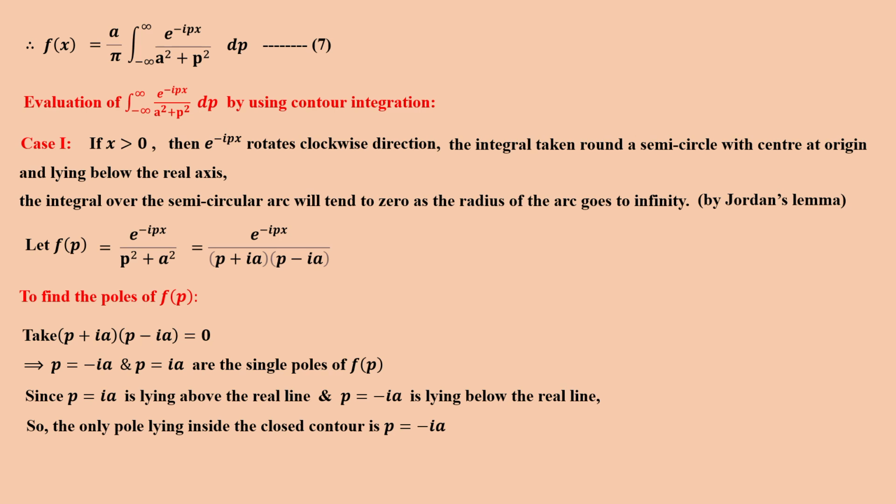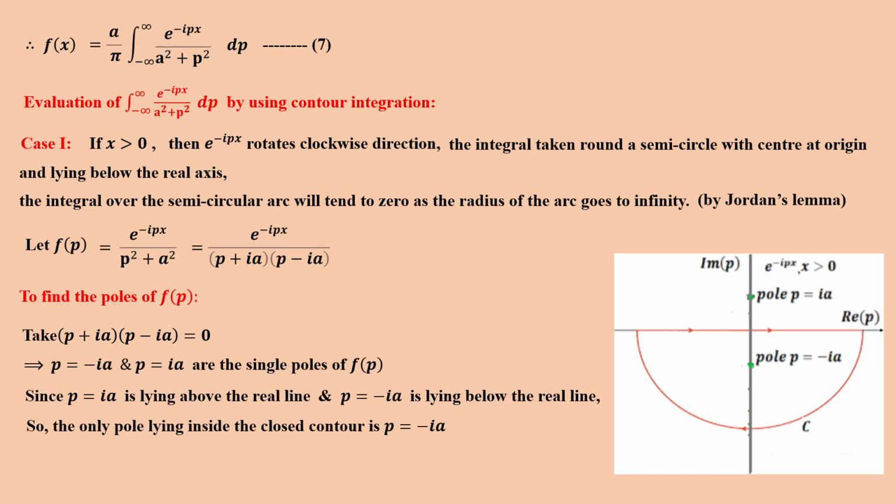So the only pole lying inside the closed contour is p is equal to minus ia, because the semicircle with center 0 is lying below the real axis. Below the real axis means minus ia is lying inside and plus ia is outside the contour, right? So the integral over the contour from minus infinity to plus infinity of e power minus i p x by p square plus a square dp, we know from the residue theorem, we take minus 2 pi i because the direction is reversed, below means reversed direction.